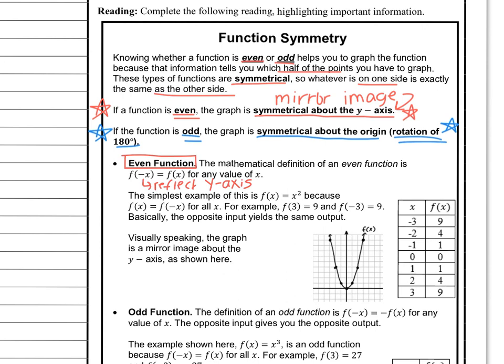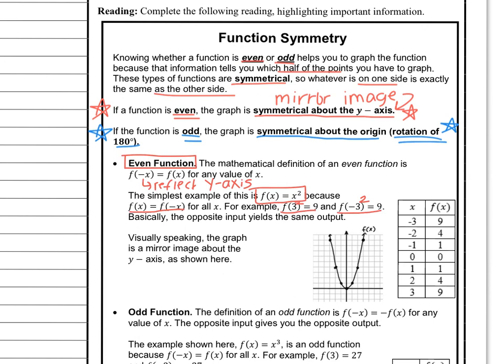Looking at a very basic equation, f of x equals x squared, as an example: for all x, f of negative x equals f of x. When you plug in a positive 3, you get 9, and when you plug in a negative 3, you also get 9, because 3 squared is positive 9 and negative 3 squared equals that positive 9.